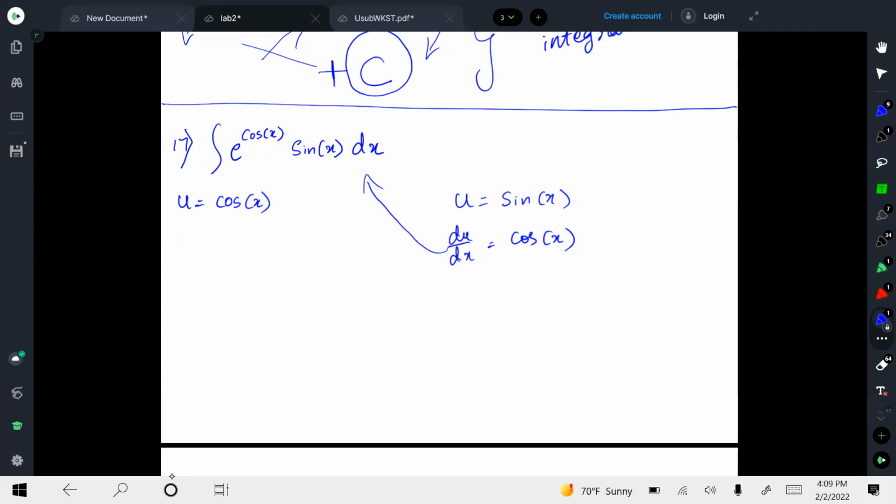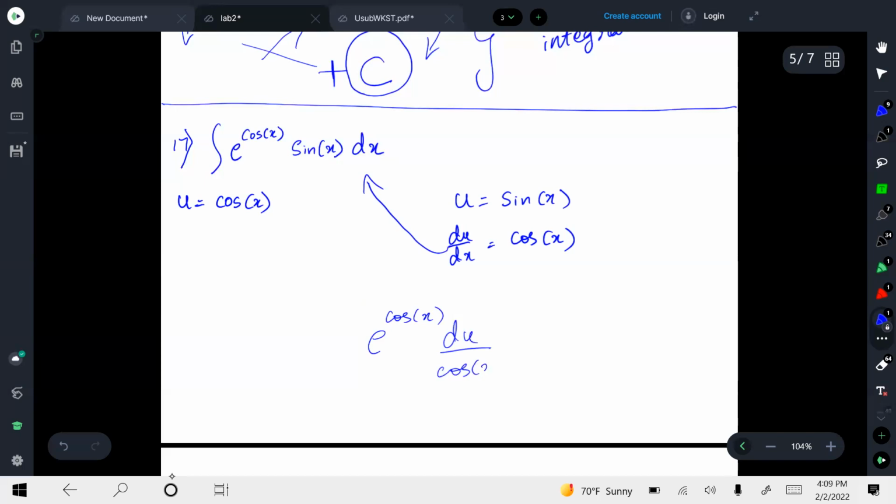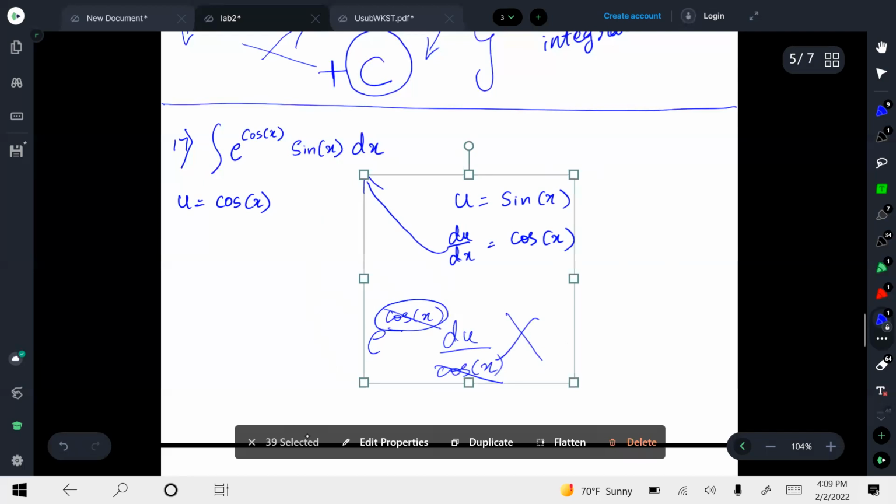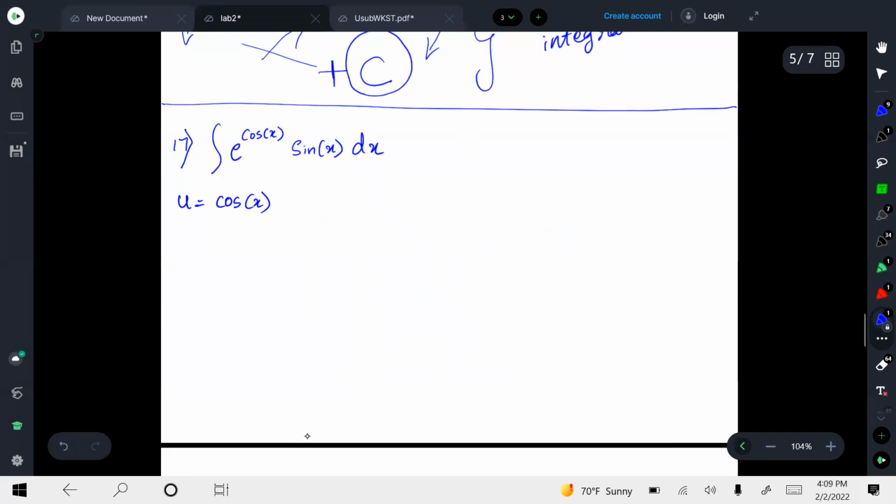Can you cancel cos of x if you substitute this back here? You cannot. Let me show you how it looks. If you choose sin of x, then that becomes du by cos of x. Okay, you cannot cancel these two terms, right? You will have cos of x in the power. Okay, and that's the reason we take u as cos of x. This is how you have to choose the u.